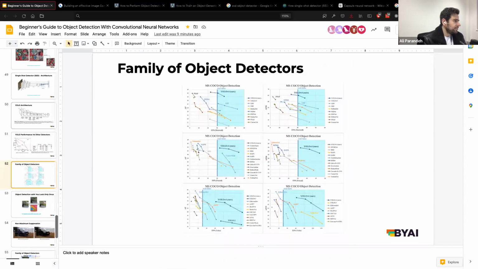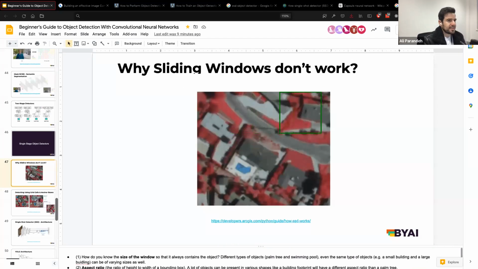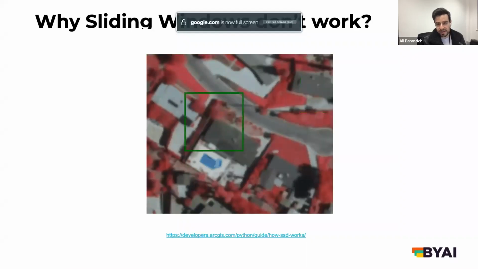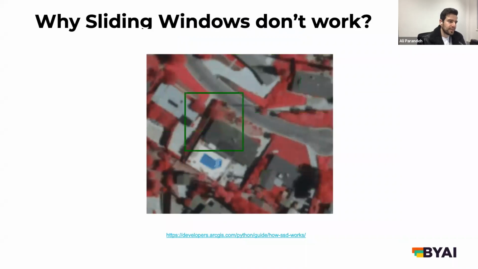So let's look at why single-stage object detectors could be better compared to R-CNNs. R-CNNs use a CNN, and what these CNNs do is pass over the whole image, and a feature map is then extracted from the image, right?